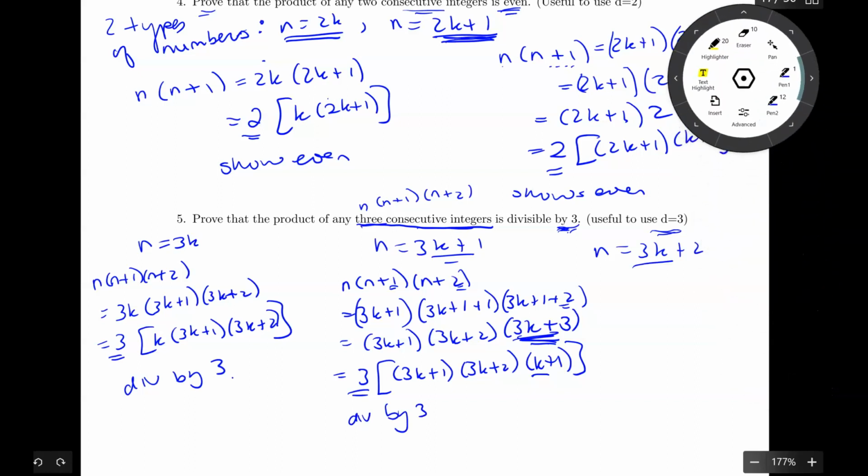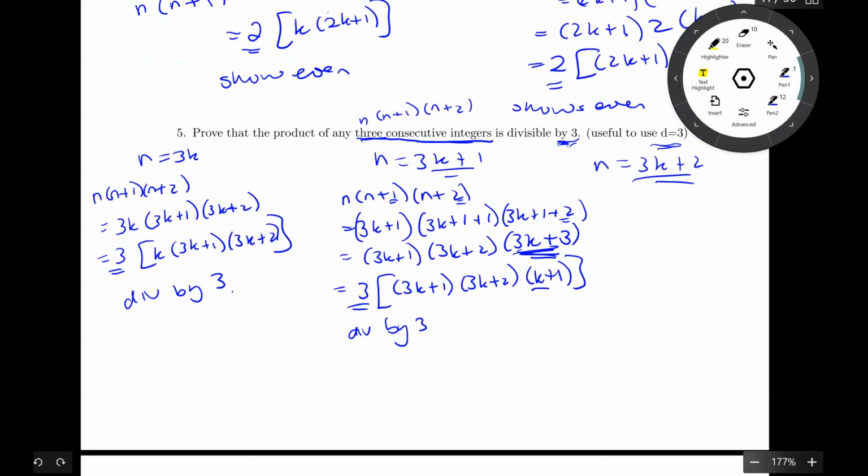All right, last case. If I'm using this case, n times n plus 1 times n plus 2, then substituting in 3k plus 2, 3k plus 2 plus 1, 3k plus 2 plus 2.